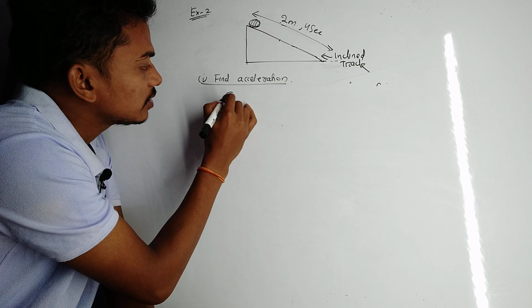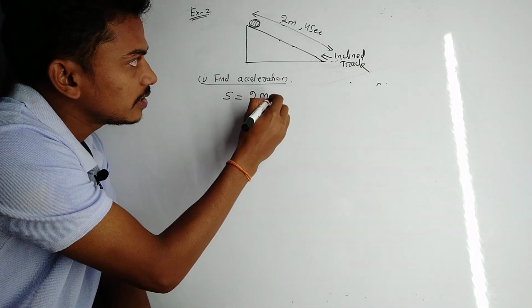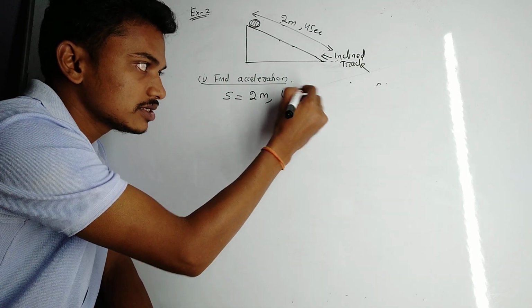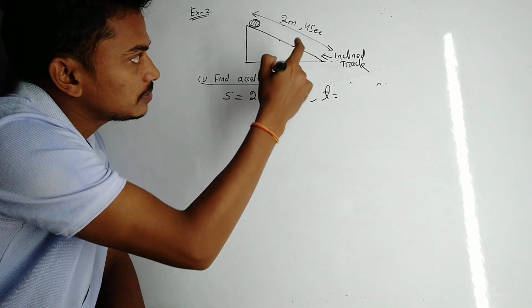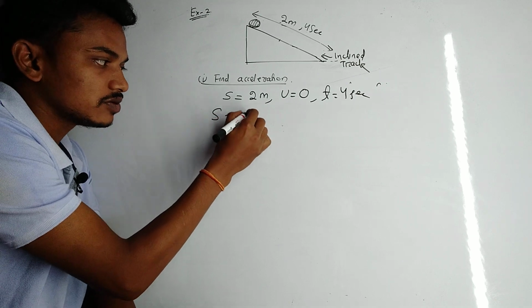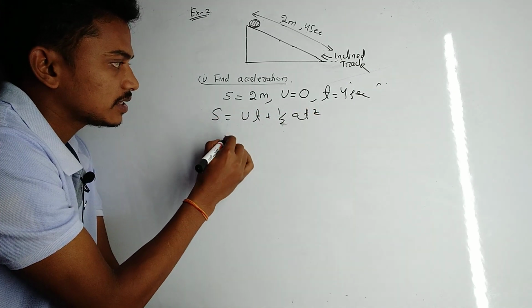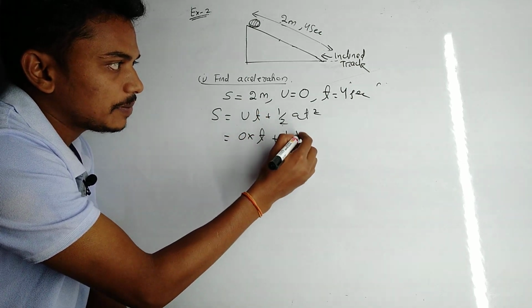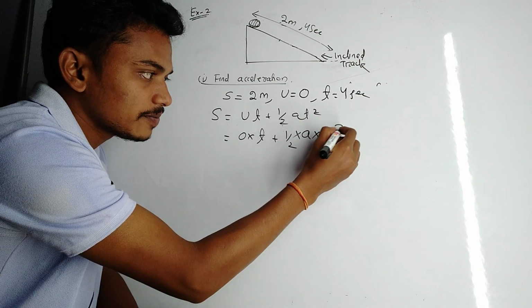The distance covered by the ball is 2 meter, the initial speed of the ball is 0, and the time taken to reach the bottom is 4 seconds. So you can use the relation s equals ut plus half at square. s equals 0 into t plus half into a into t square, where t is 4.